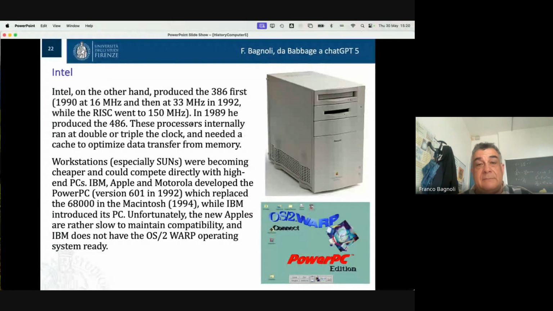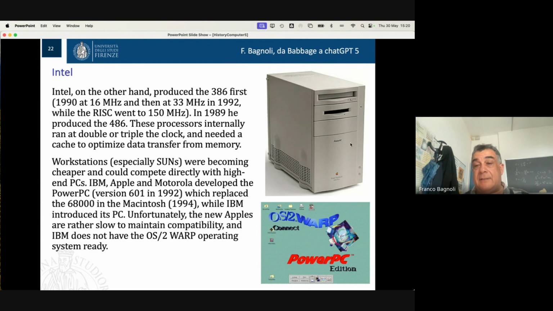But in the 90s, it seemed that the right way was that of Intel, so that also Sun and Macintosh started to switch to other kinds of processors.